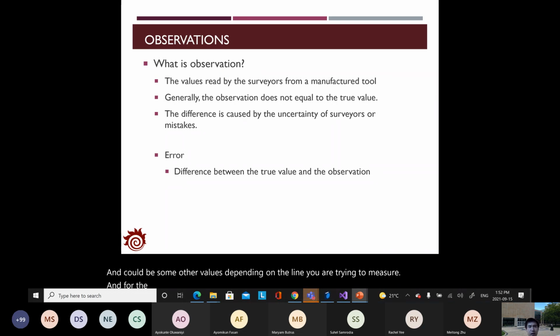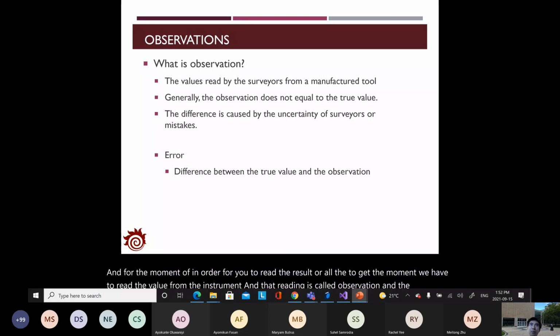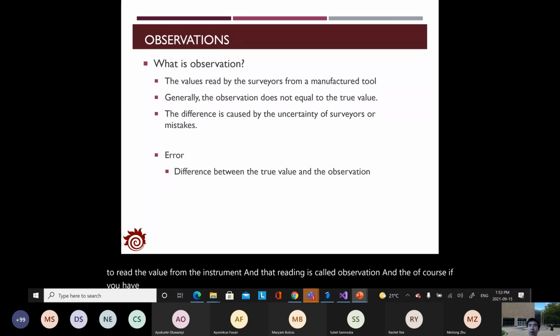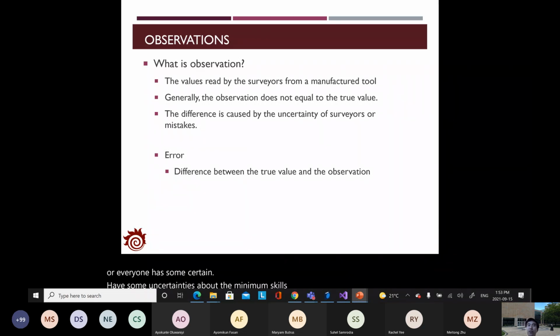For the measurement, we have to read the value from the instrument, and that reading is called the observation. And of course, if you have multiple surveyors doing the same measurement, you will have different readings. Everyone has some uncertainties about the minimum scales of the instrument, so the results will be a little bit different.